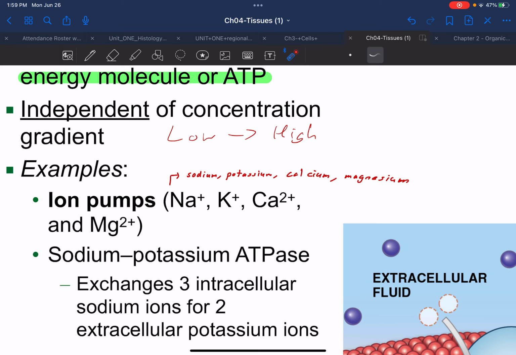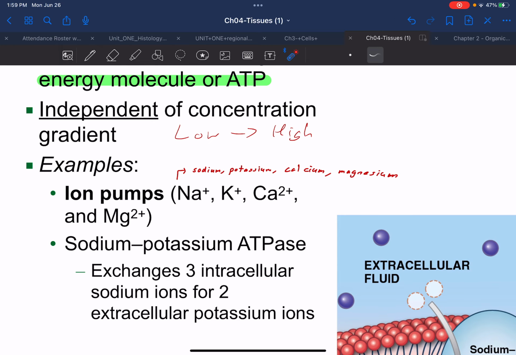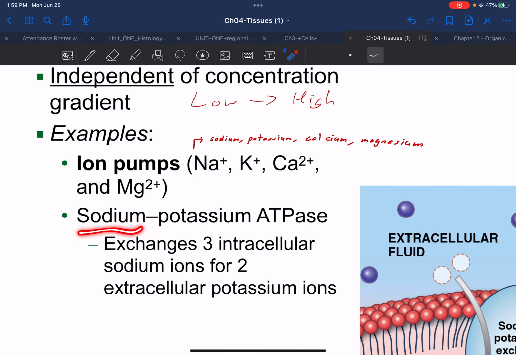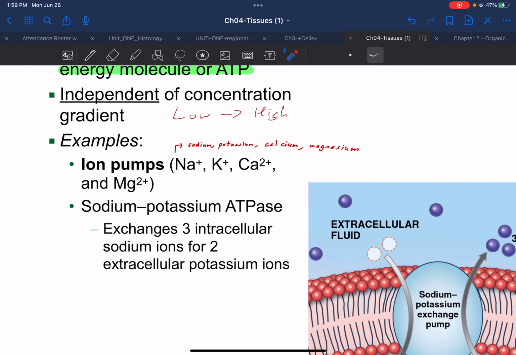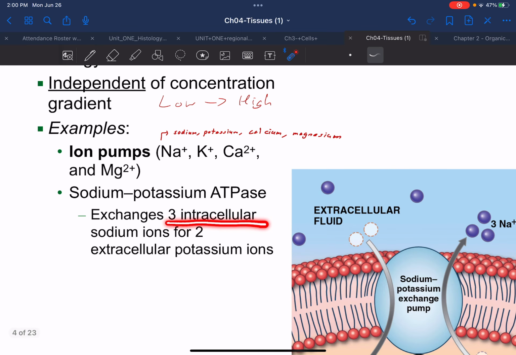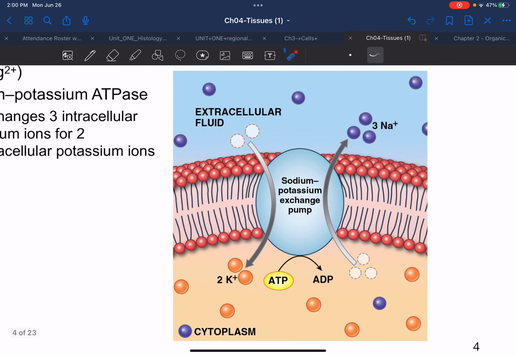And then there's a famous one known as the sodium-potassium pump, because it does an exchange between sodium and potassium, and it's called an ATPase because it uses ATP. Its role is to always exchange 3 sodiums for 2 potassiums. Let's use the photos here.